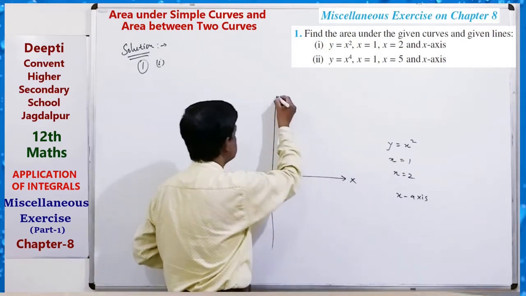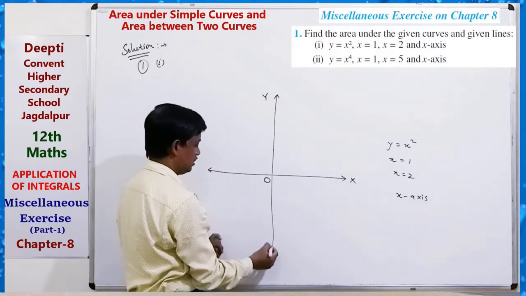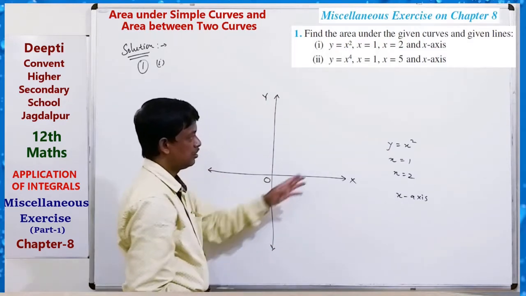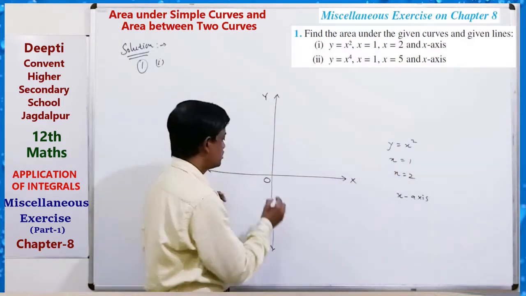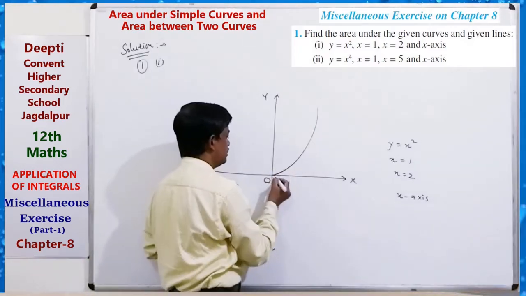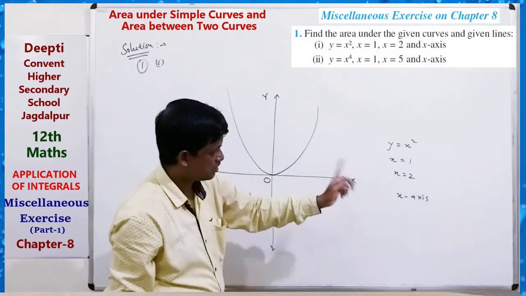This is the x axis, this is the y axis. So y equal to x square is an upward parabola, and we can draw it like this. Now x equal to 1, x equal to 2, and the x axis.